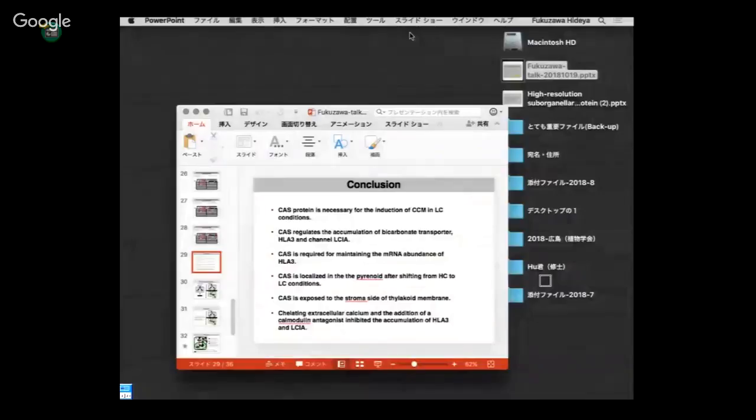I skipped the figure, but for the mRNA level, initially HLA3 expression is increased, but the maintenance of the mRNA is decreased in the mutant. In wild type, mRNA accumulates for both HLA3 and LCIA, and proteins are produced.